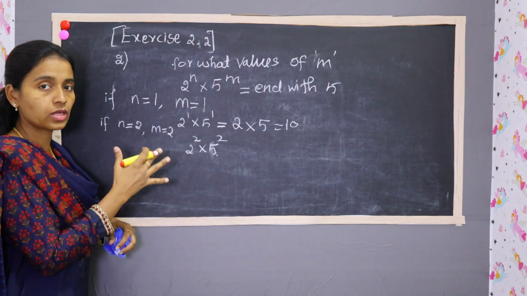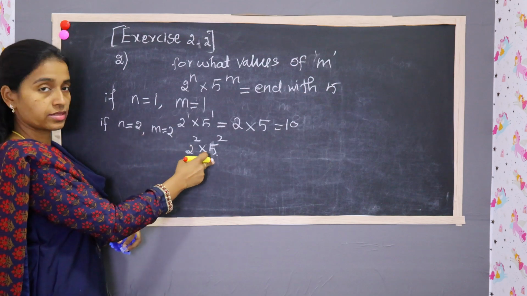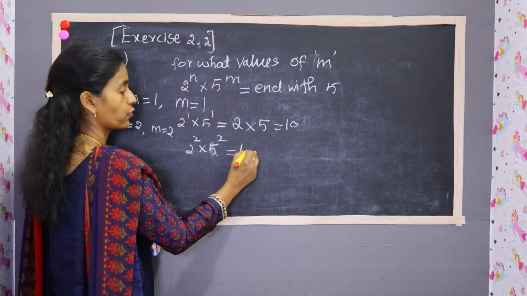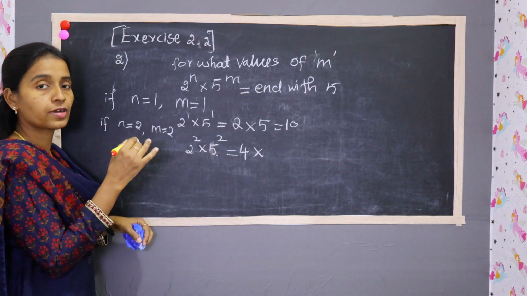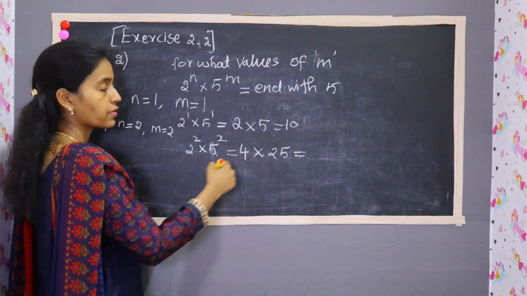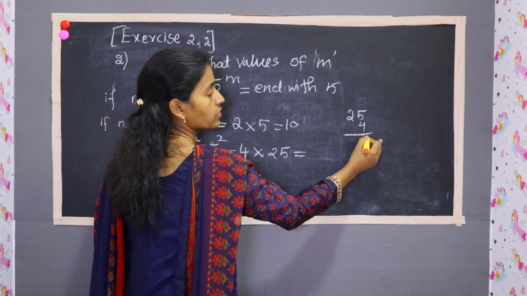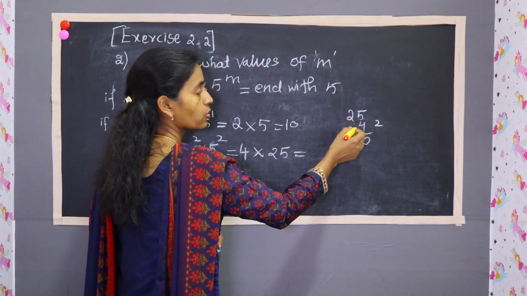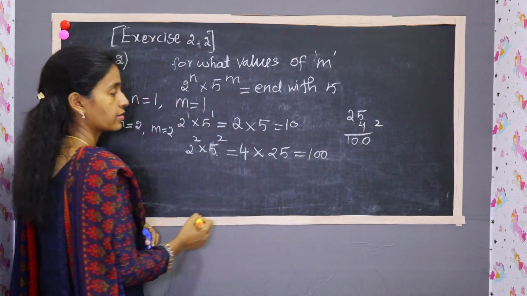I am just applying the values of m and n. 2 power 2 means 2 into 2, that is 4, right? 4 into 5 square. 5 power 2 means 5 into 5, 25. 25 into 4, 100. So the answer is 100.